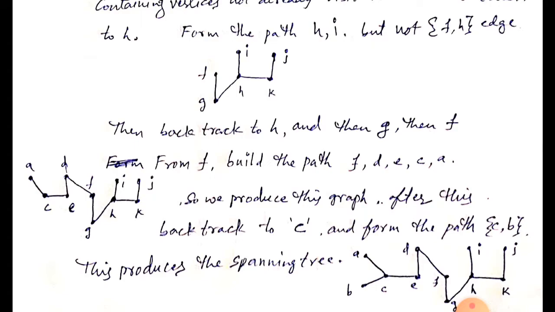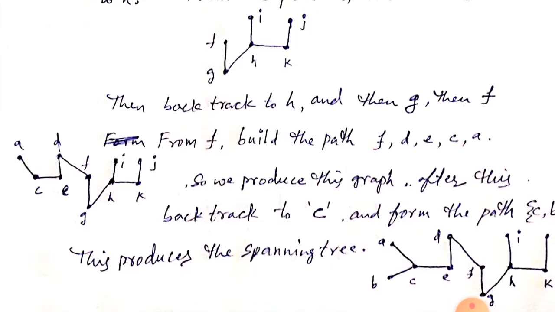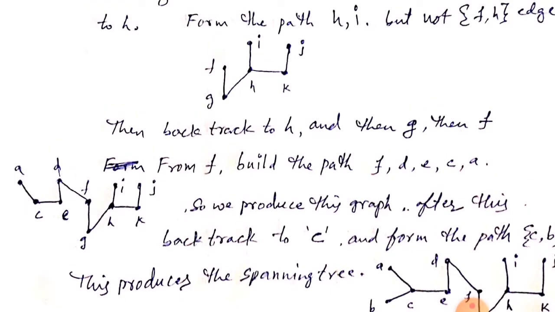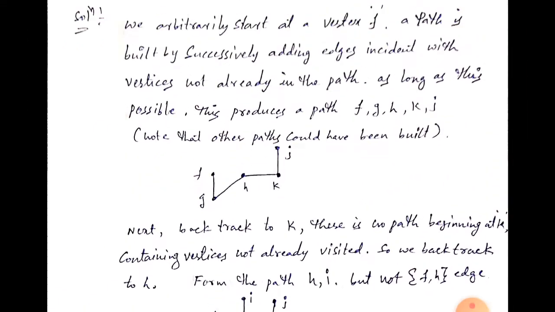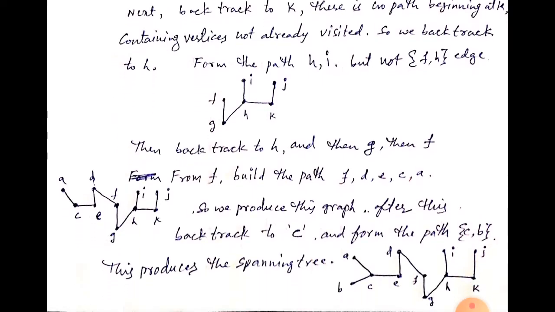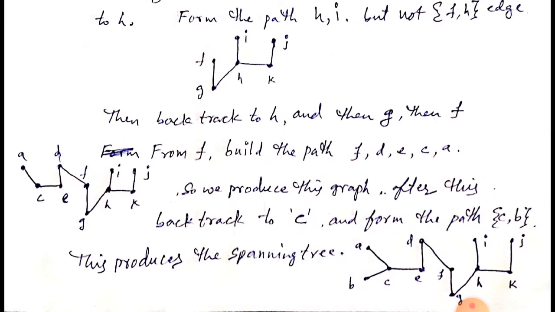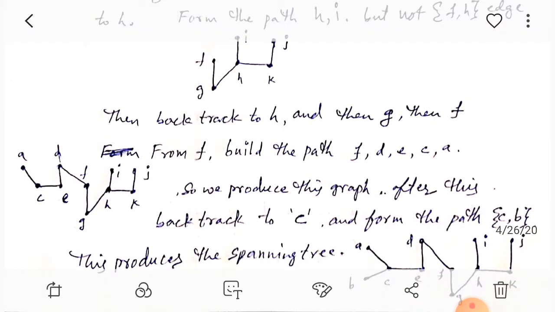Then we go back to G, and then back to F. After coming back to F, you can observe we have a path remaining like that: F, D, E, C, A. Observe in the original graph, the path is there. So you can include that path in the tree we build.